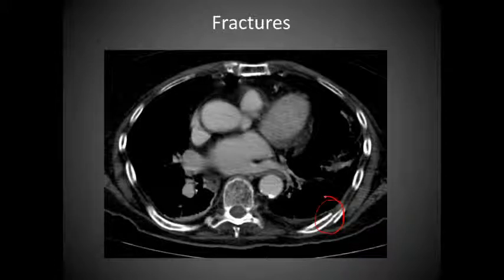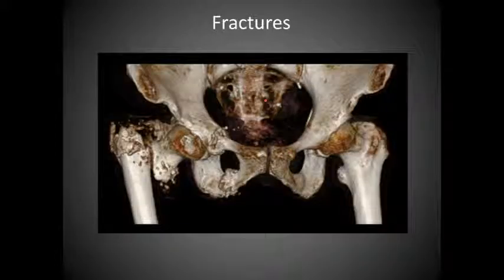Okay, on this image we have a rib fracture. Sometimes rib fractures are a little more difficult to really discern, but depending on what type of protocols we utilize and what type of windowing, leveling, as well as volume rendering, will really indicate potential fractures.